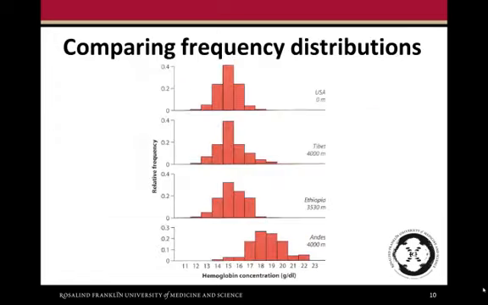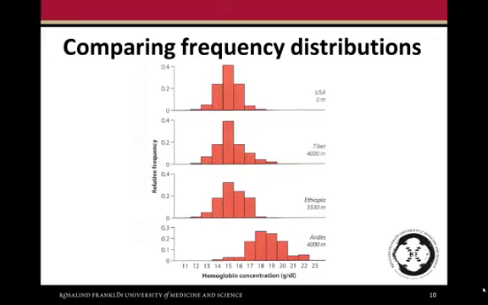When we have frequency distributions that have been collected from different places, we can plot that raw data and the frequencies therein to look at some trends. So here's data on hemoglobin concentration in men living at different altitudes, typically high altitudes, and then the relative frequencies.